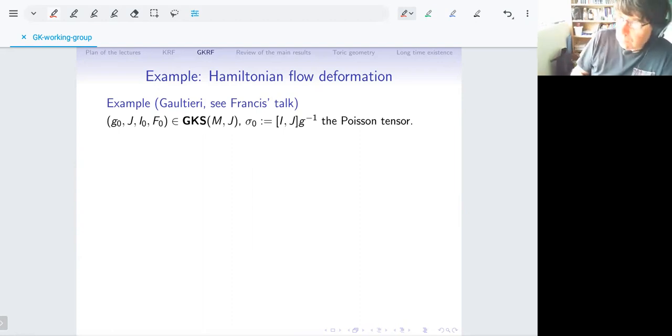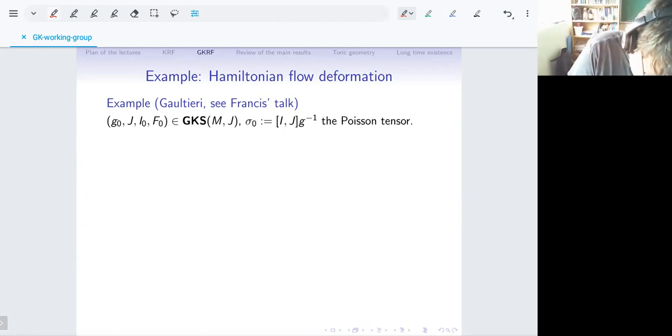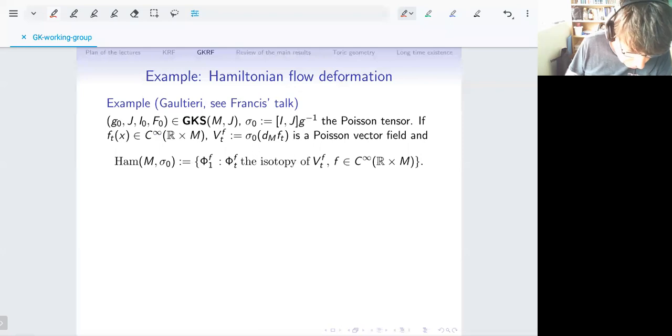So we start with one generalized Kähler structure of symplectic type. You can start even with a Kähler structure if you want. And we know that it defines a Poisson tensor, as we saw before. This Poisson tensor can be used to form diffeomorphisms.